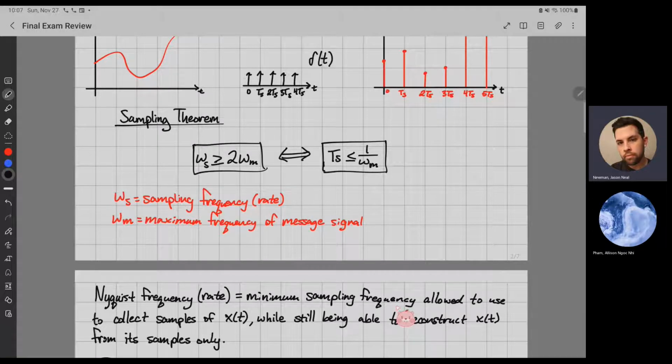Basically, all this is saying is your Nyquist frequency is the minimum sampling frequency, your omega s essentially, and it needs to be twice the omega m, which is your maximum frequency of the message signal. So let's look at what the message signal is.